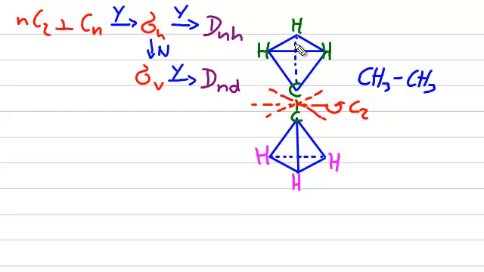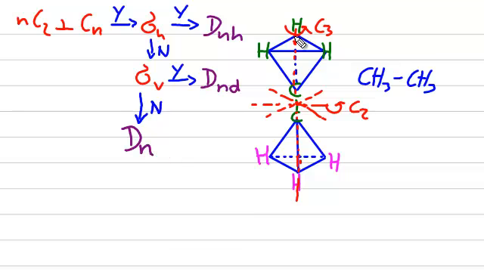And not to forget our principal axis, which goes through the entire molecule, this direction, and to the center of this triangle up here. And this one here is then our C3 principal axis. If we do not have a vertical reflection plane, then we call this point group DN.